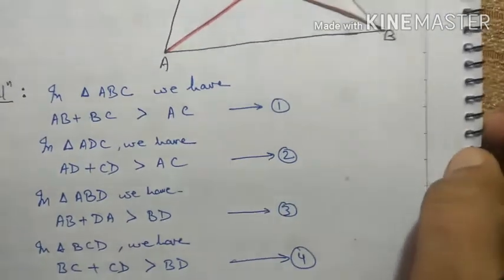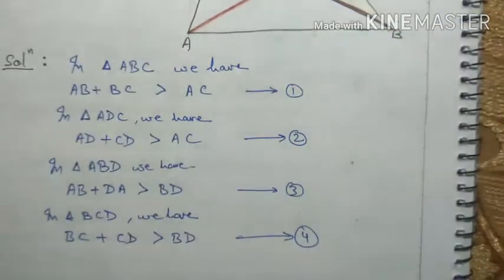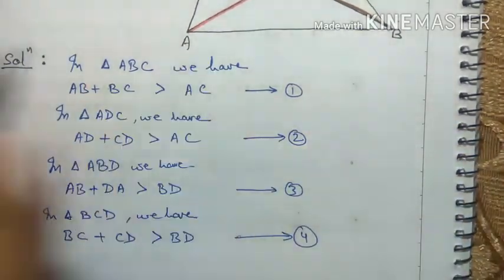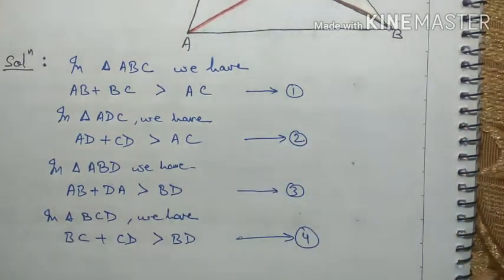Now what we have to do next, we have to add all these inequations, means first, second, third and fourth. If we add, the LHS part is added to LHS and the RHS part is added to RHS.